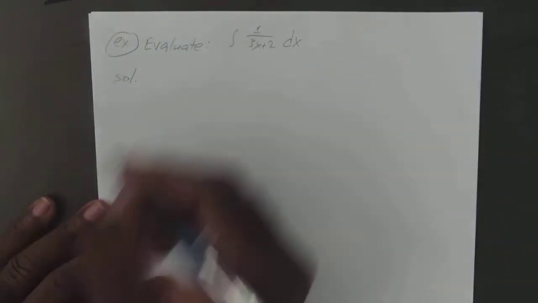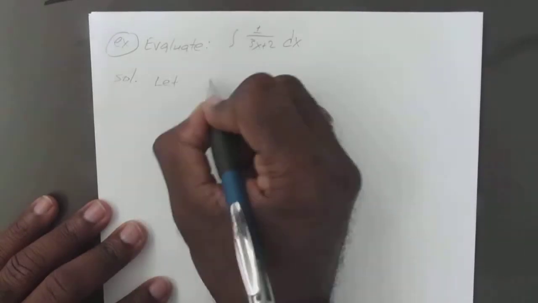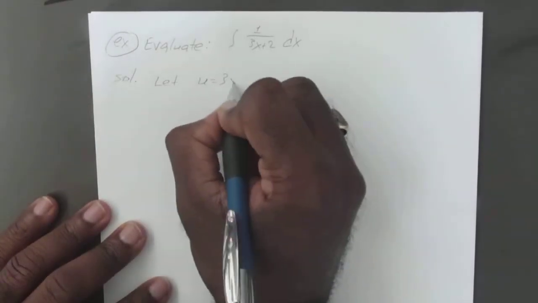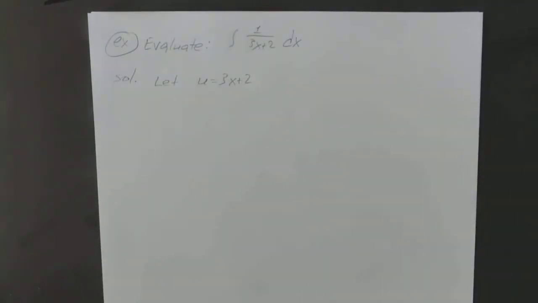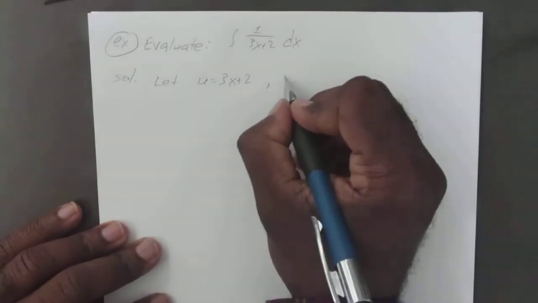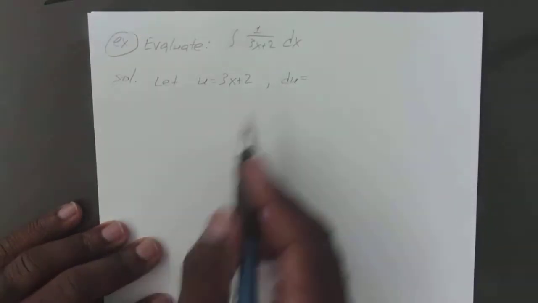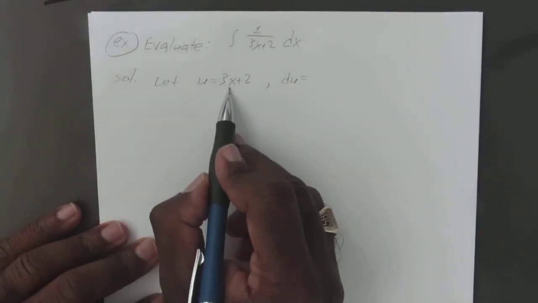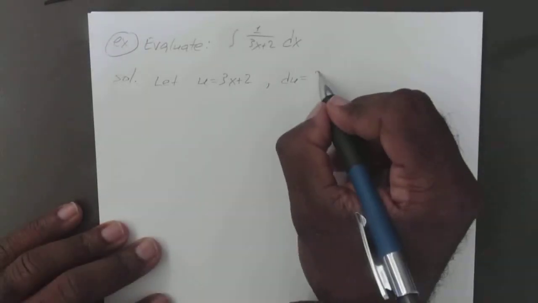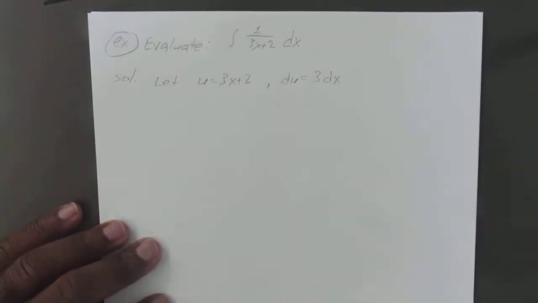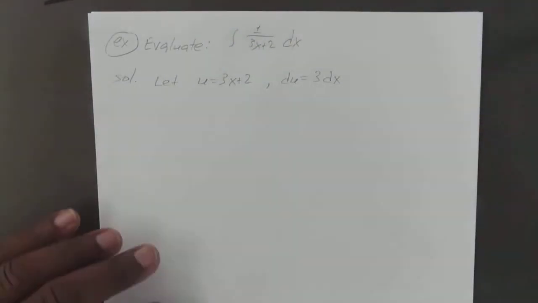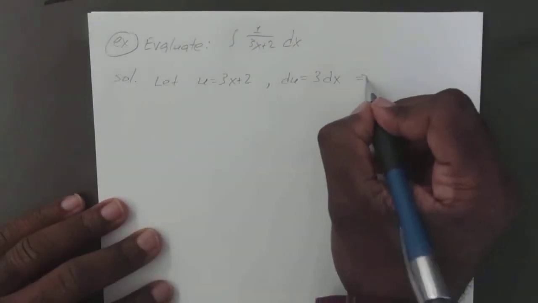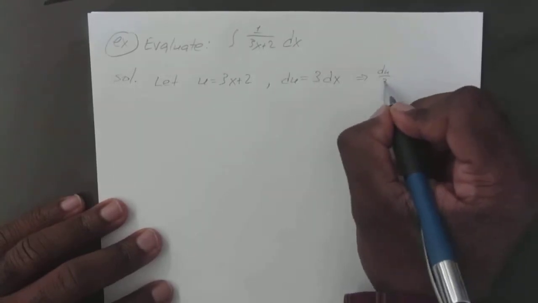All right, so let's get started on this one. The first thing you want to do is let u equal 3x plus 2. So the derivative of u, the derivative of 3x is just 3 with respect to x.